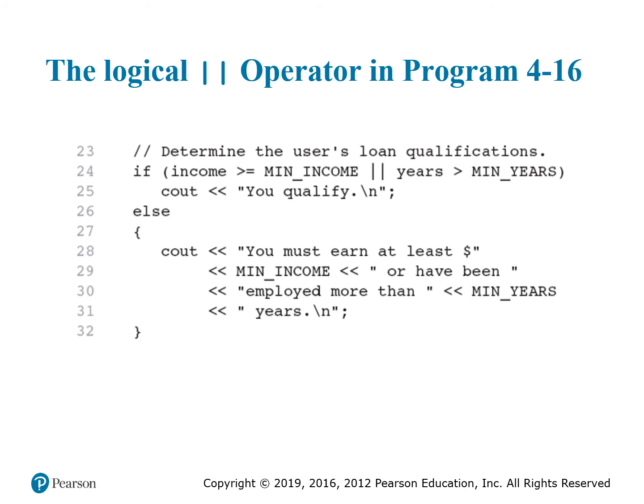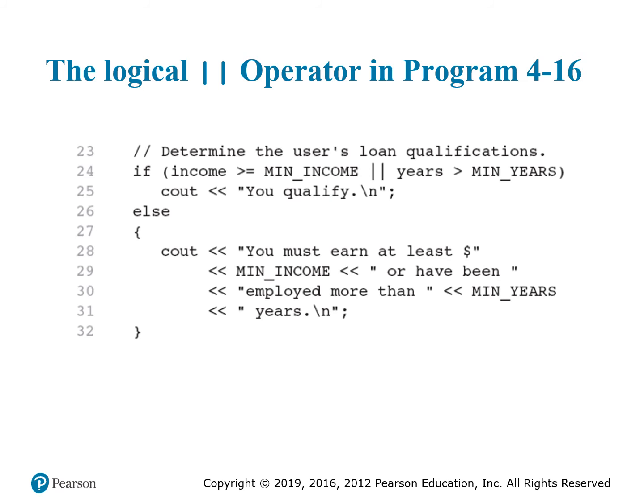This is a different loan than what we were talking about earlier. Your income has to be greater than a certain income, or your employment years have to be more than a certain number of years.